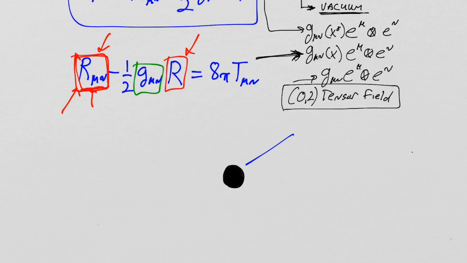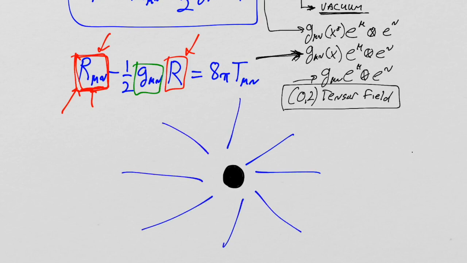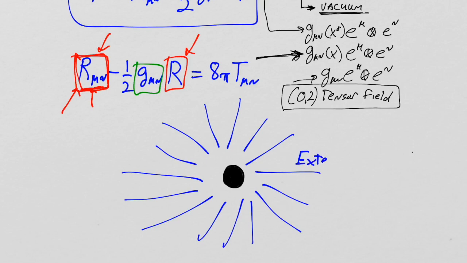And the answer we're going to get, seeking the vacuum solution, is only valid in the vacuum. So the solution that we're creating is valid only outside of the surface of this star. Outside the surface, this is the exterior solution. And that's a vacuum solution because it's in empty space.